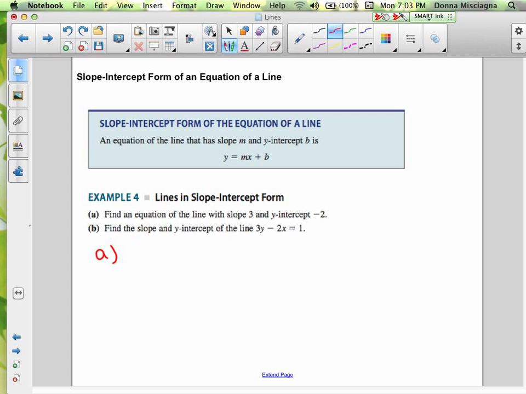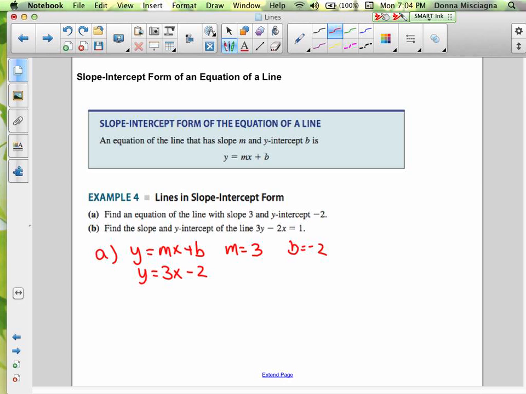There we go. All right, so slope-intercept form is y equals mx plus b. In this case, m, the slope, is 3, and b, the y-intercept, is -2. So our equation will be y equals 3x minus 2. That's all there is to that one.